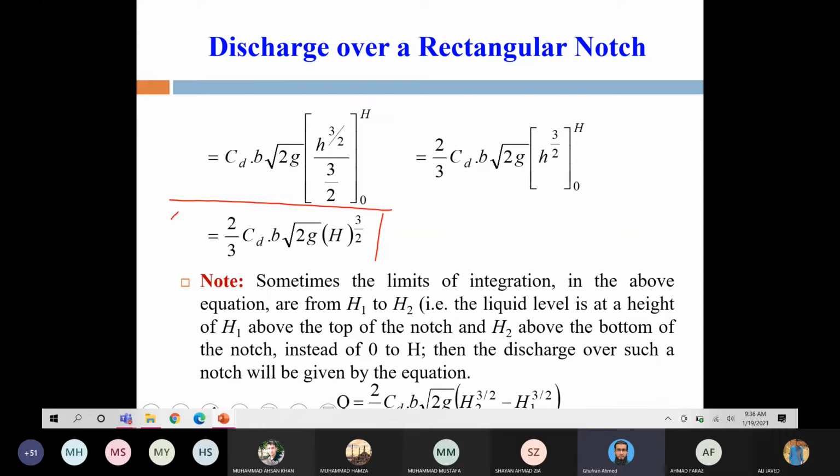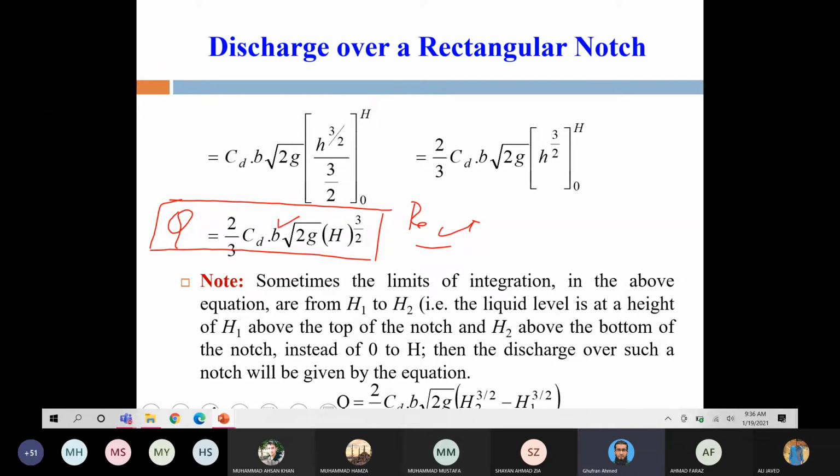you have the final formula for Q for a rectangular notch basically. So 2 by 3 CD, B root 2G, H to the power 3 by 2.